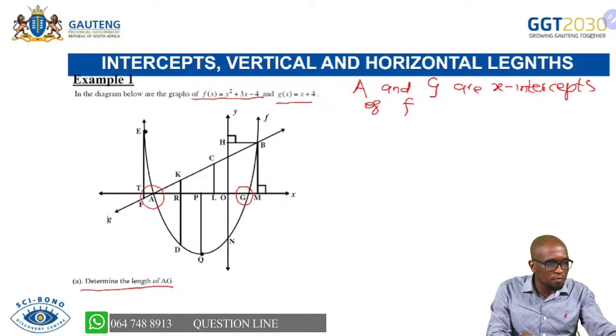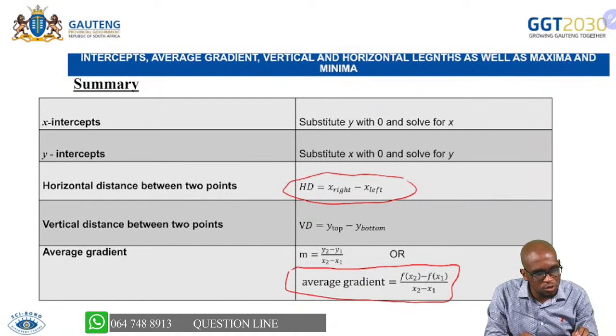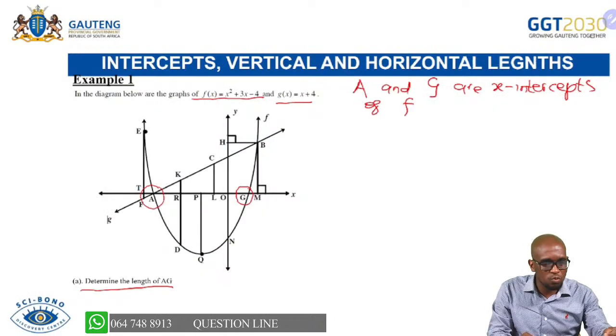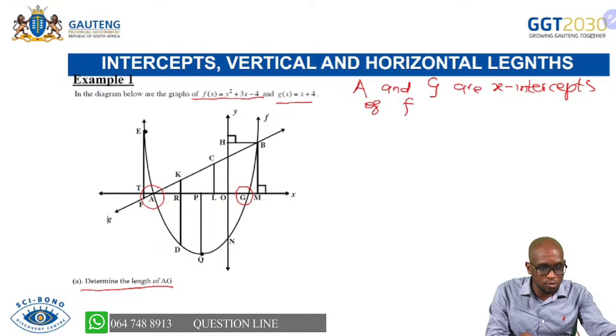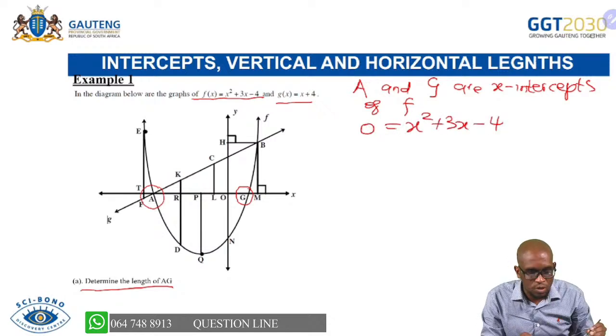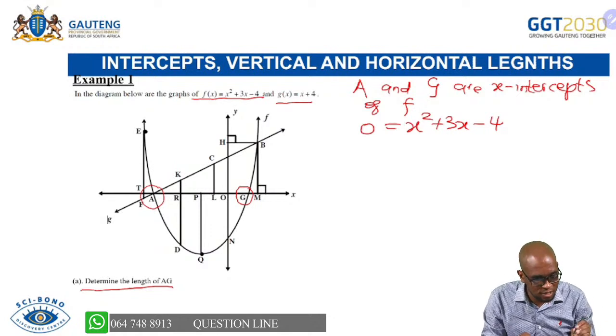Now, how do we find the x-intercepts? If we go back, we said to find the x-intercepts, we substitute y with 0 and solve for x. Where we see y, we're going to put 0 and solve for x, which means that we'll have 0 is equal to x squared plus 3x minus 4. We're going to use inspection to find the factors here.